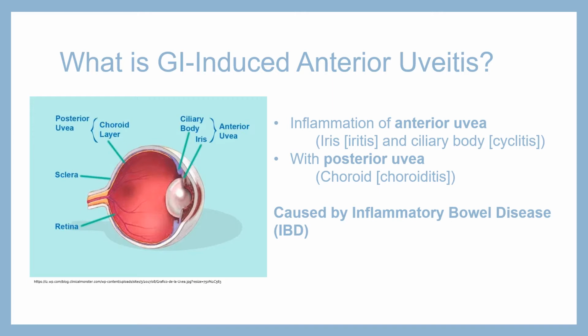Choroid is the posterior part of the uvea, and the anterior uvea that we're talking about in anterior uveitis includes the iris and the ciliary body. Inflammation in these anatomic parts is caused by inflammatory bowel disease, or IBD for short.